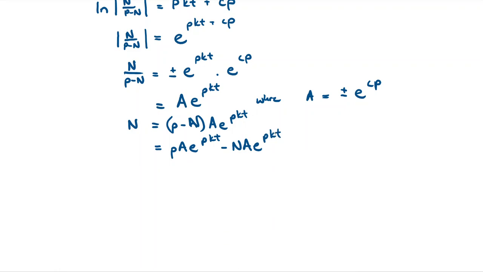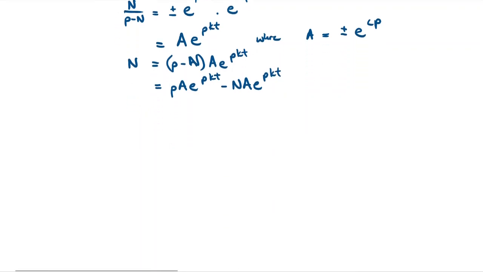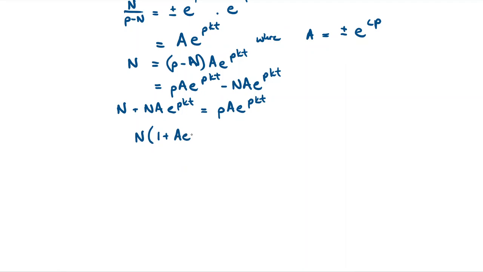You've got to be careful because if you miss a letter, it'll wreck everything. I want both of the n's together so that I can factorize them out. So I'll move the second term across the other side, and I get n plus n a e to the pkt equals p a e to the pkt. All right, factorize the n out, and we get 1 plus a e to the pkt, not changing anything on the right side.